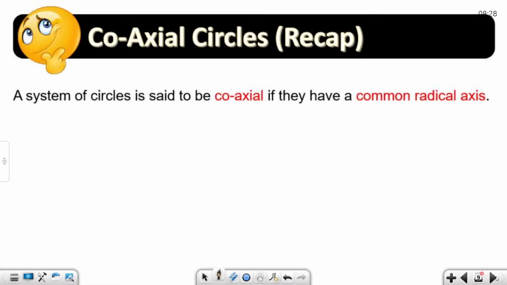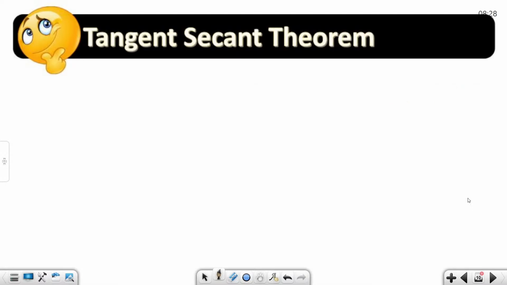And the first thing in our new lecture in this class is the Tangent Secant Theorem.